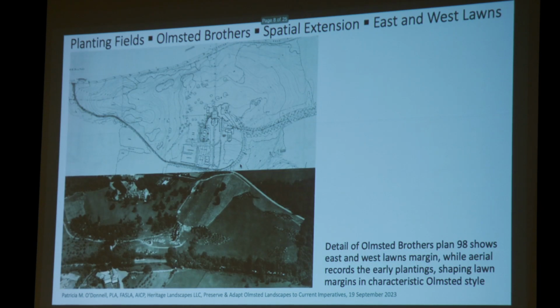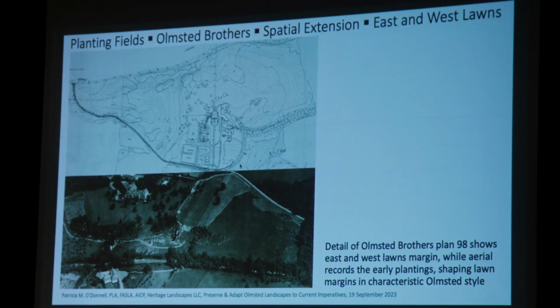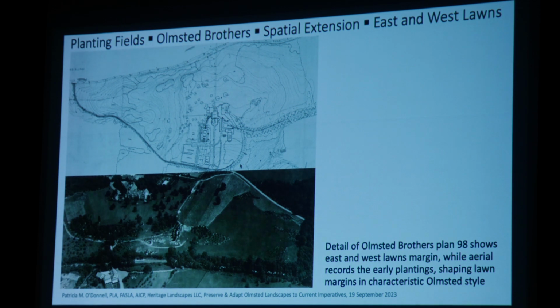Next, please. At Planting Fields, a 409-acre estate, the Olmsted brothers used spatial extension to extend both east and west lawns beyond the large mansion. Next, please.